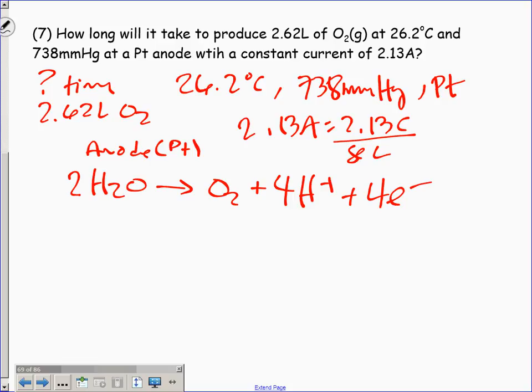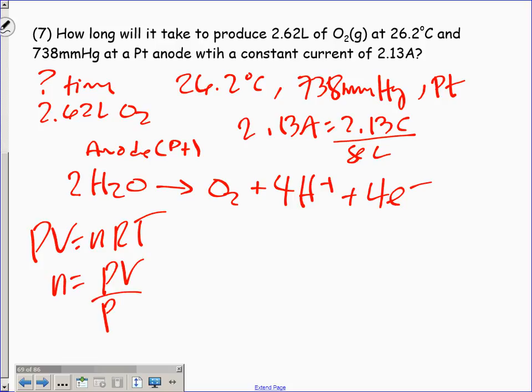Start with what? PV equals nRT, right? What are you solving for here? Moles. Okay, so n equals PV over RT. What's your pressure? 738 over 760.